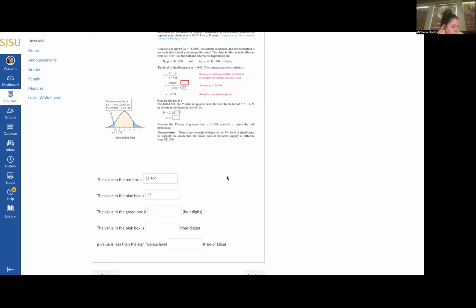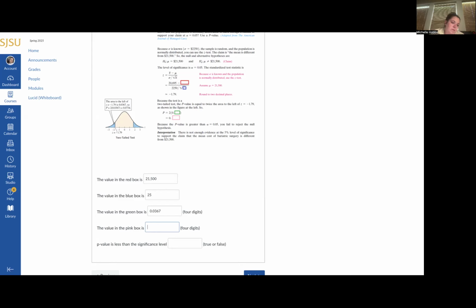Calculate the p-value by multiplying by 2. So for negative 1.79, once I put it in my calculator, it's 0.0367.